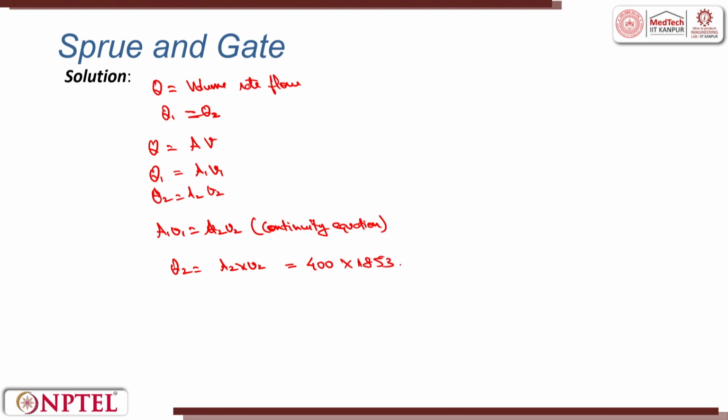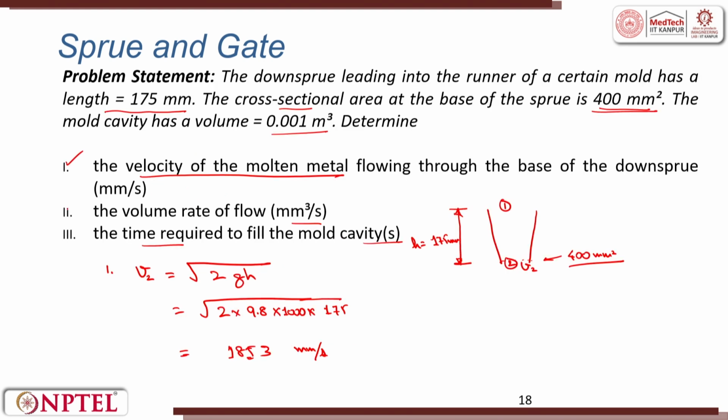This is millimeter square times millimeter per second, so it becomes millimeter cube per second. This comes to 741200 millimeter cube per second, or 7.412 into 10 raised to power 5 millimeters cube per second. The second problem is also covered.